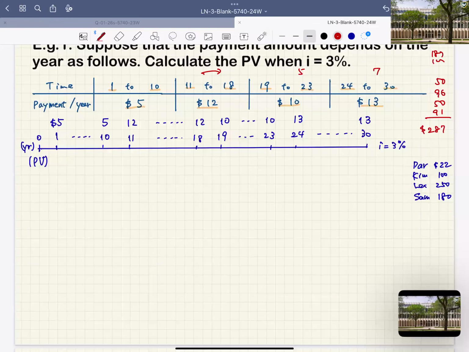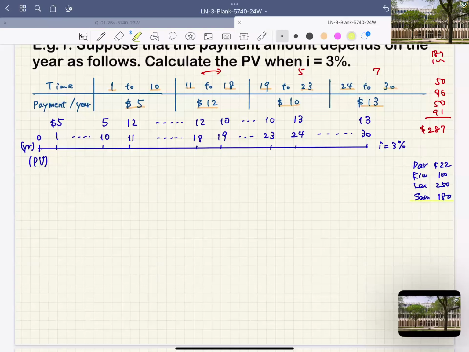I don't know how much, but maybe 3% times 15 plus compounding. So maybe like 50% interest the PV earns. So my guess is like 180, 190 or something. So at this point, probably the sum answer will be the closest answer. I don't know, but let me calculate the present value.